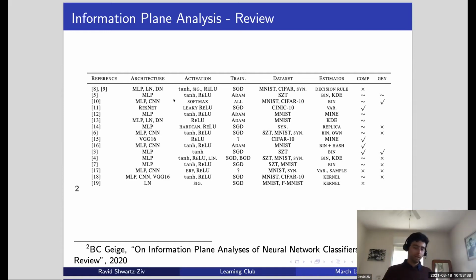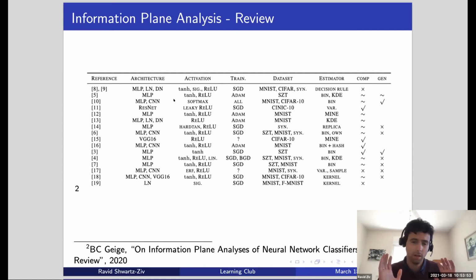And the bottom line is, I think, personally, that measuring information in neural networks is hard. Okay, people got different observations with different networks and different estimators and different activation functions, and it's very hard to measure information in neural networks, and I will talk about it later.